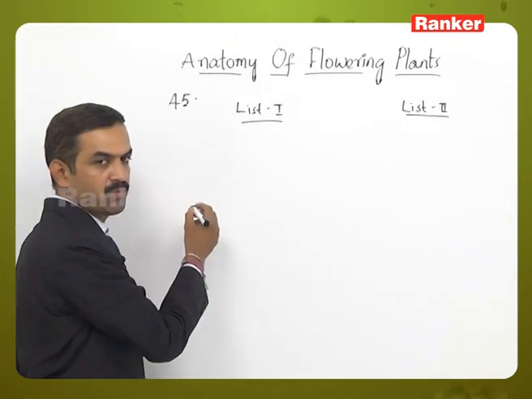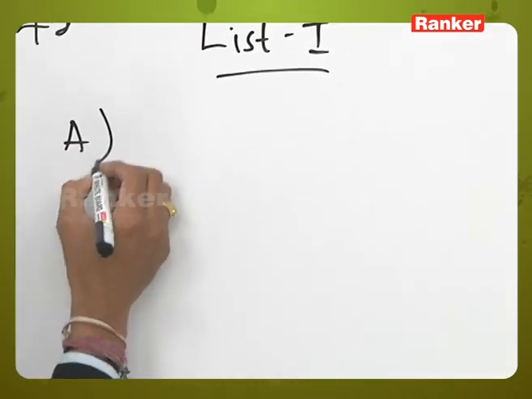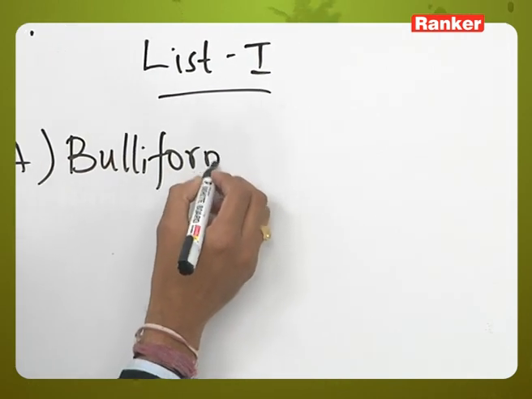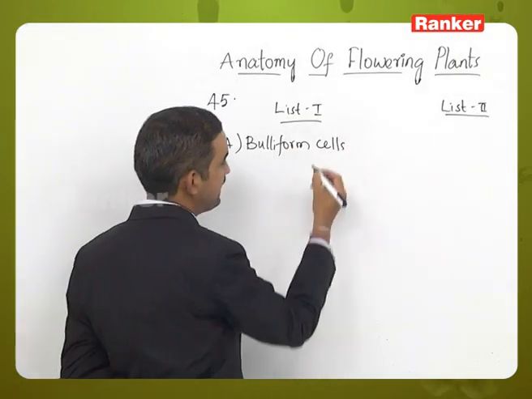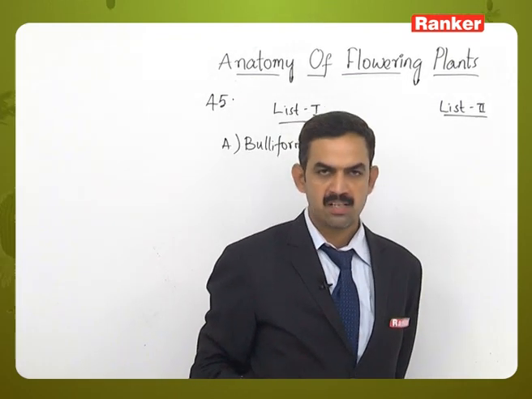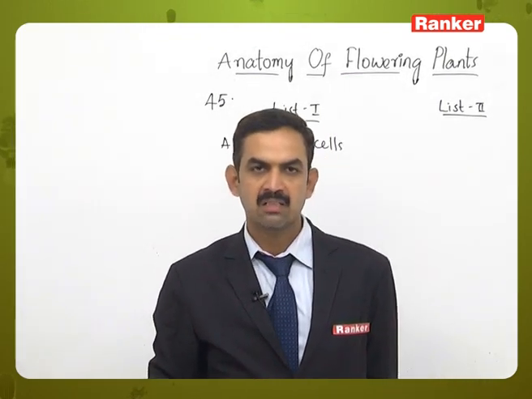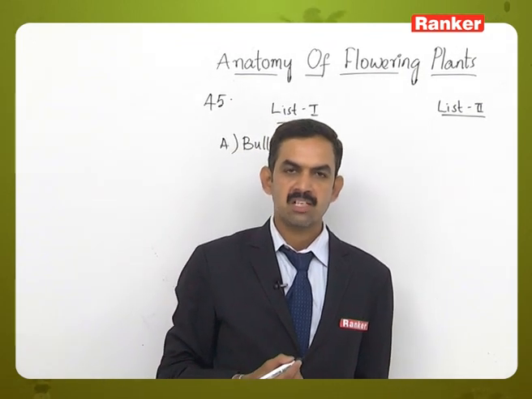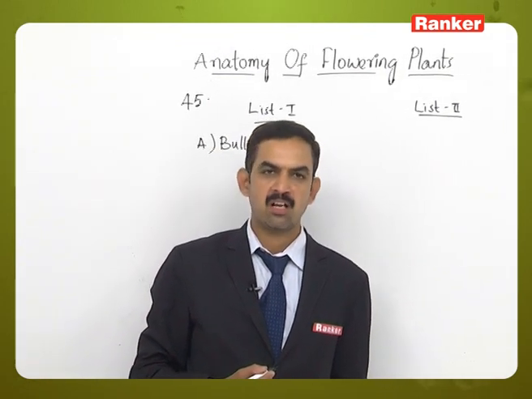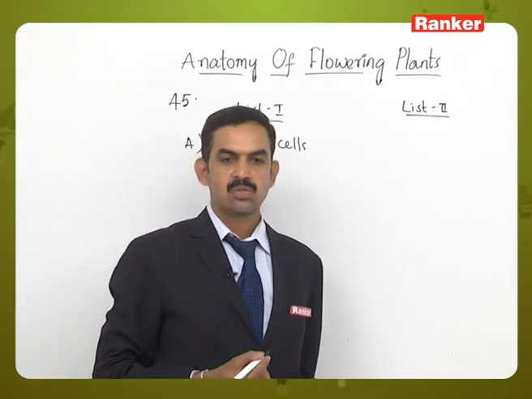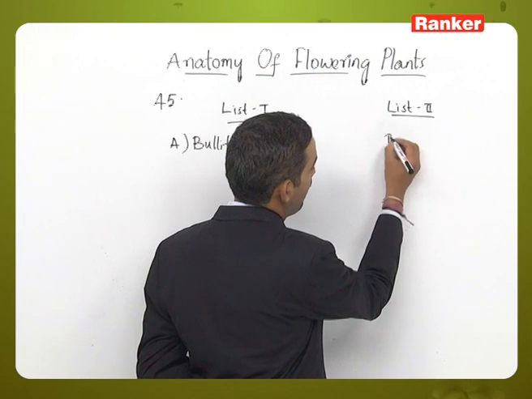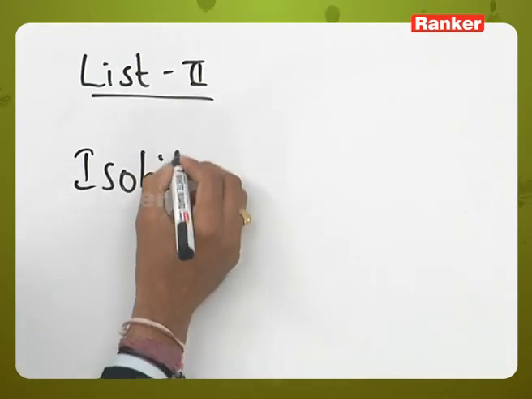here starting with the first one, that is bulliform cells. Bulliform cells are a special type of cells which are seen in monocotyledonous plants, particularly in grasses. These are large sized cells which help in rolling and unrolling of the leaves. So these are present in the isobilateral leaf.